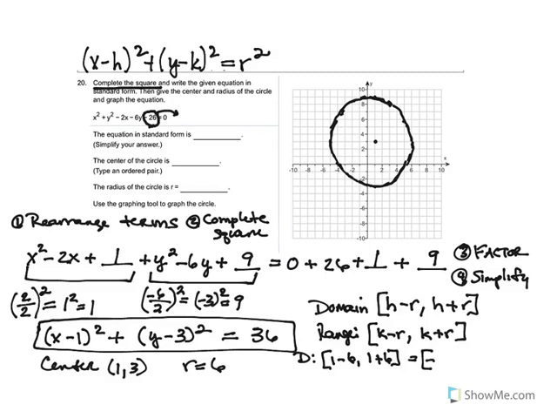So the domain would be negative 5 to 7. For the range, I would do 3 minus 6, 3 plus 6. So the range would be negative 3 to 9. That's how you would find domain and range, or you could just look at the graph and identify the ordered pairs there. So that is completing the square to get the equation of the circle.